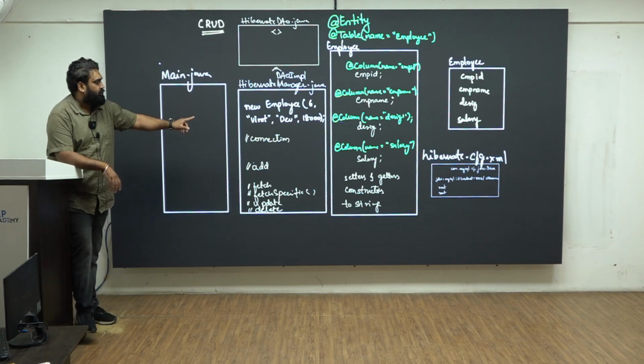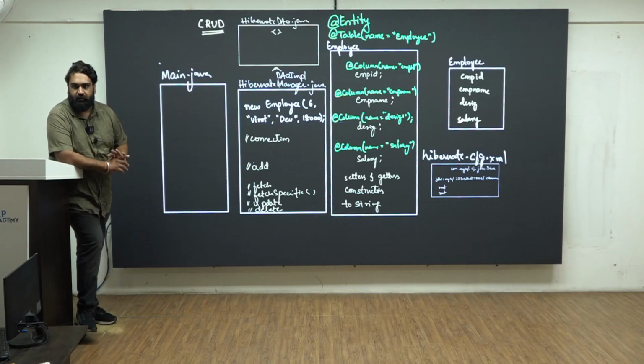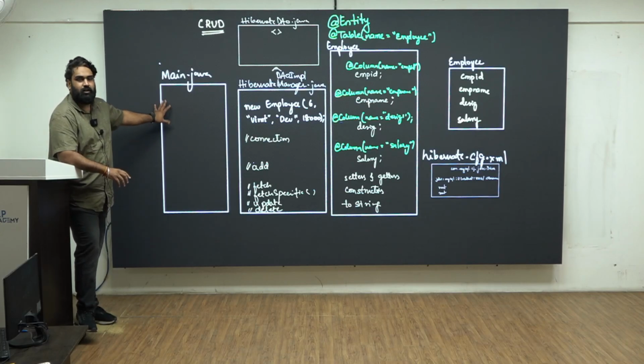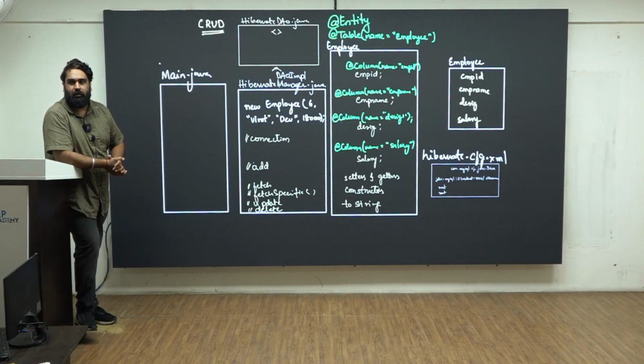It has to connect, then call add. Connect, then call delete. Connect, update. Connect, fetch. Connect, fetch specific. Main method's duty is call the methods inside the Hibernate DAO implementation. That's all. I hope you are able to understand this. Hello?